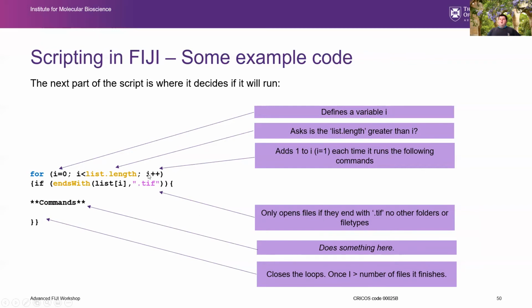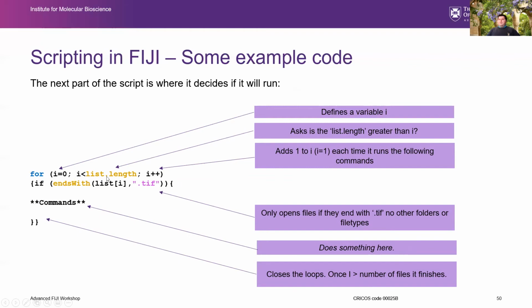So we want to say we only want to run on the file if it ends with the word or the phrase or the string in coding terms .tiff. Then we're going to run some commands, so whatever we want to do. And once it's done that, we're going to close off these loops. So we have a for loop, and then nested within it, we have an if statement.